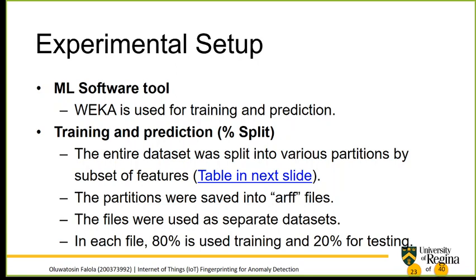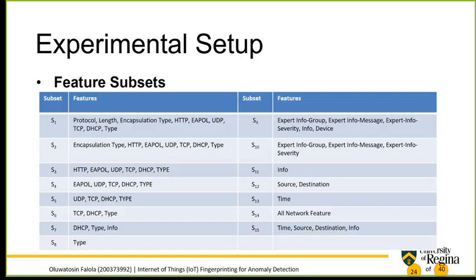The data is split into two equal or unequal percentages for training and testing. In my case, I dissected the data into two parts, 80% and 20%. I used 80% for the training while I used 20% for the testing.